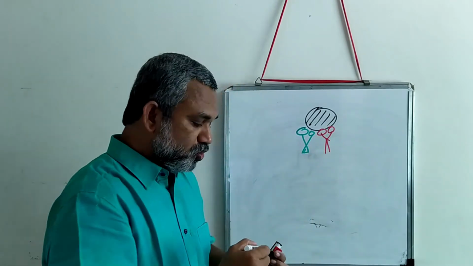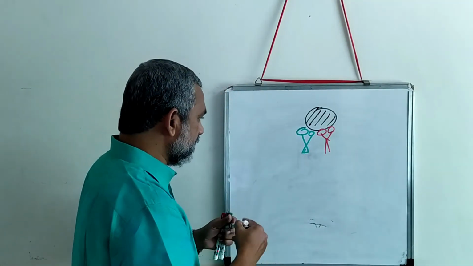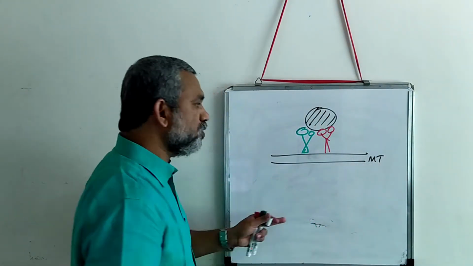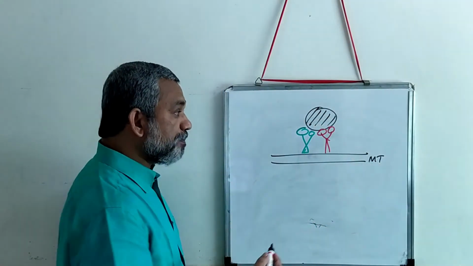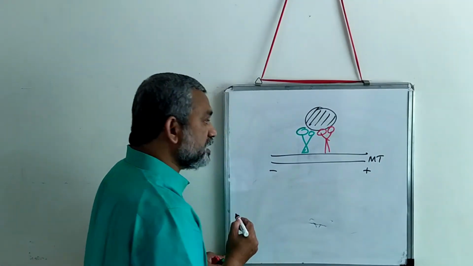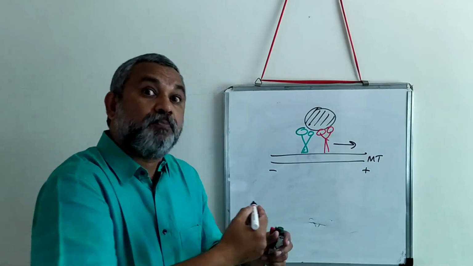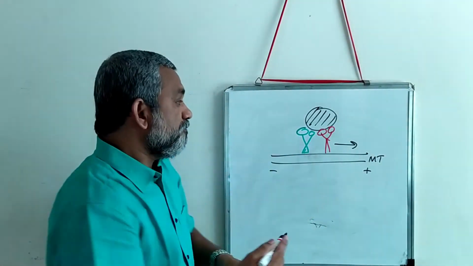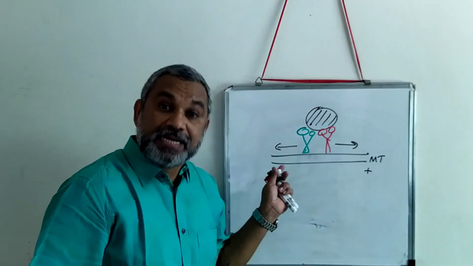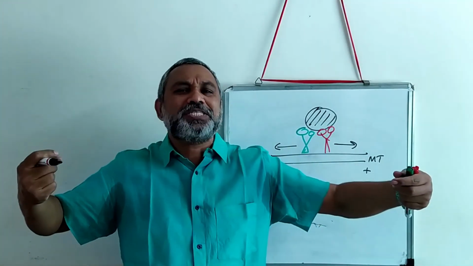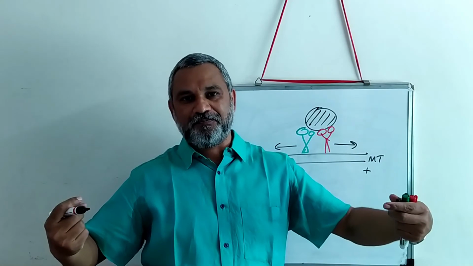They are bound to the microtubule. Now what happens if this is a plus end and this is a minus end? The kinesin molecule will move in the forward direction, whereas the dynein molecule will come towards the negative end. So there is a constant struggle that is happening.